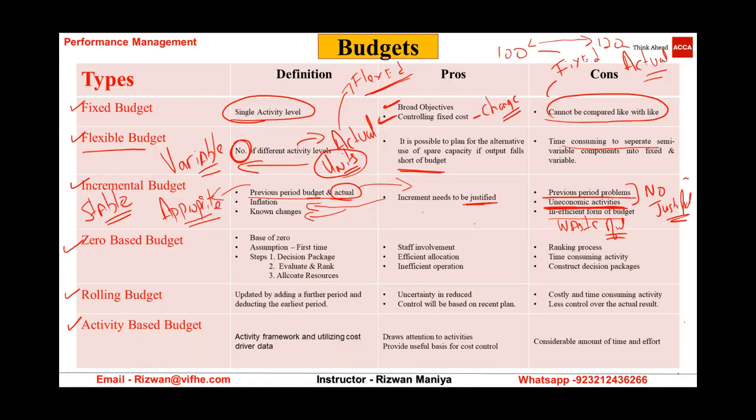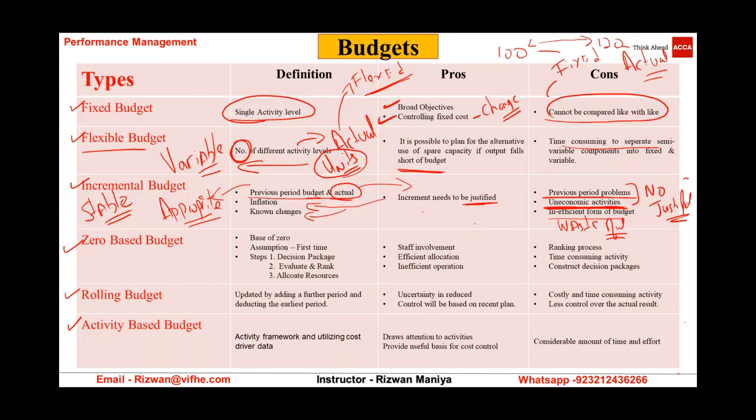And if you are making a budget after the actual financial year, that is also known as flexible budget, but the purpose of that flexible budget, Ahmed, is to compare with actual result. So if you are making it after the actual financial year, that is known as flexed budget, because you are making that flexible budget based on actual units. Okay, so I hope this is clear, Ahmed.